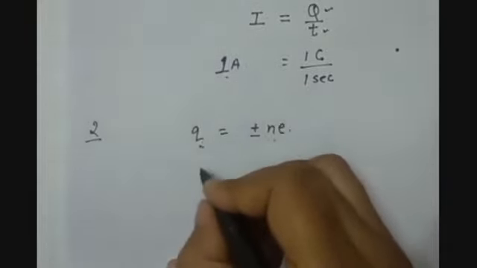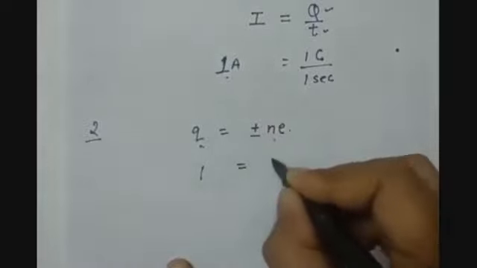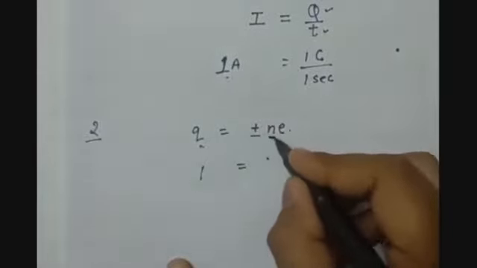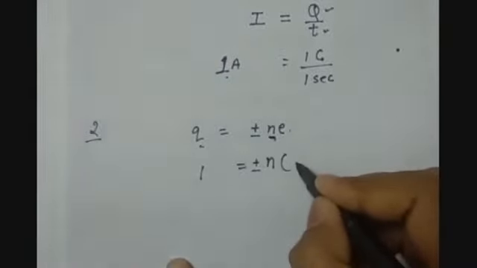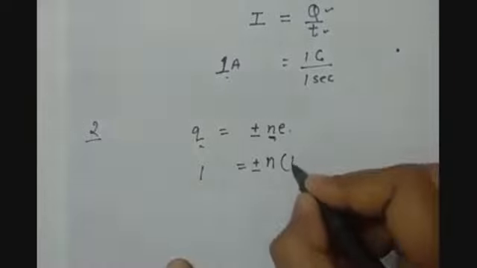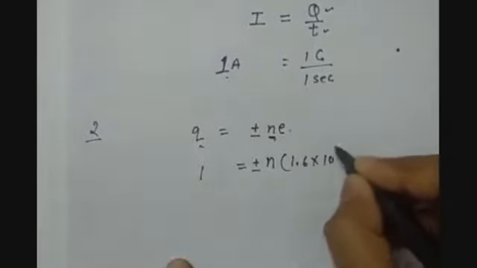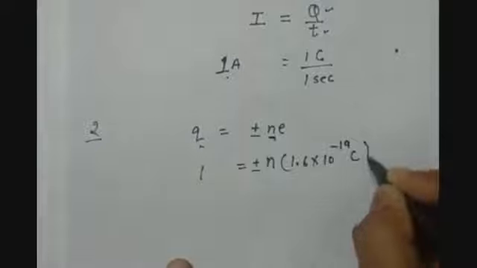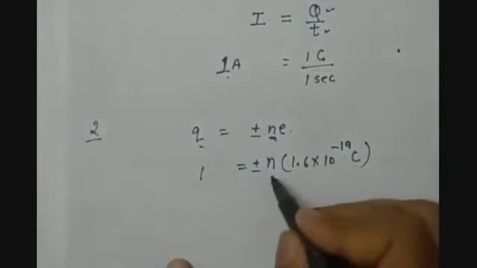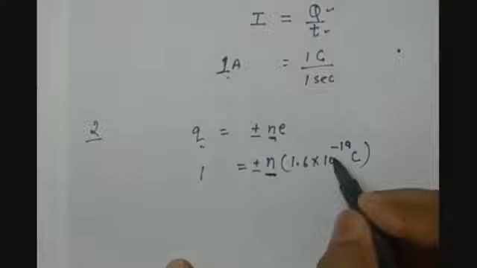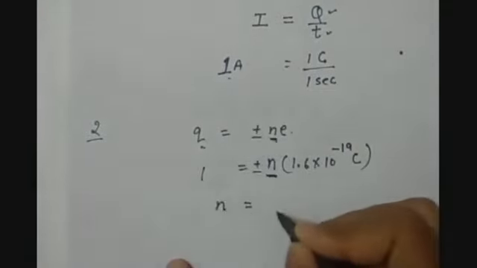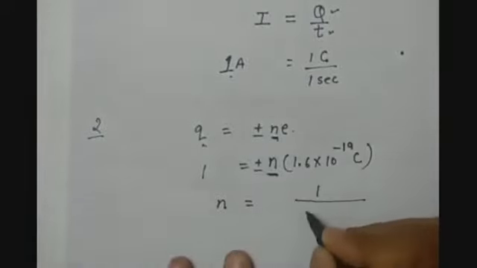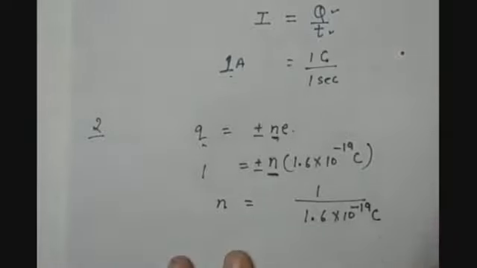So if Q is 1, we have to calculate this number, and we have to keep the charge on 1 electron, that is 1.6 into 10 raised to power minus 19 coulomb. Then what will be the number of electrons which have this much of charge? So what we will do, N will keep it one side, and this will be written as 1.6 into 10 raised to power minus 19 coulomb.